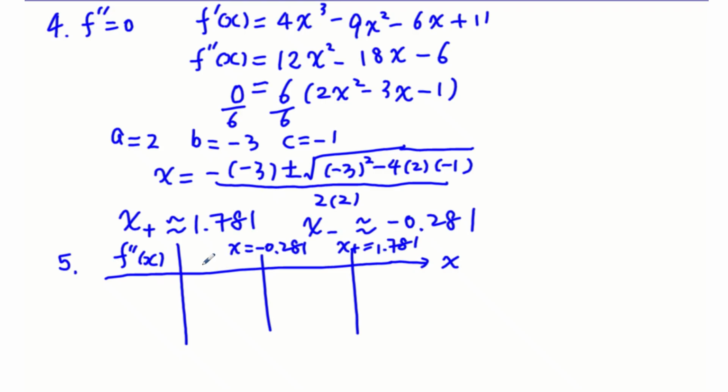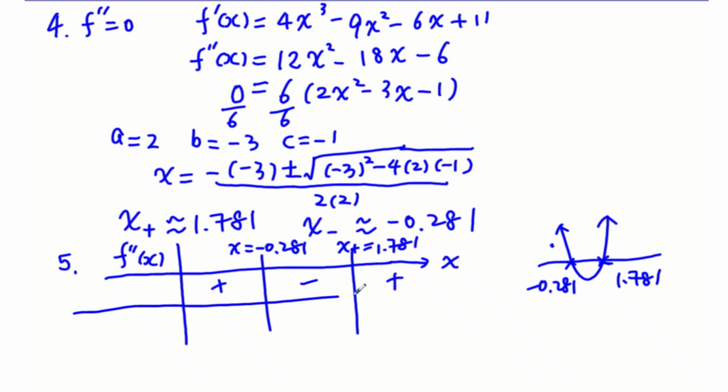Okay, so we pick any numbers of this part, or we could think this is just a quadratic, so it's open up. Then we have two zeros, -0.281, 1.781. So if we pick a number on the left side, we know it is positive. And between these two will be negative. And on the right will give you positive again.